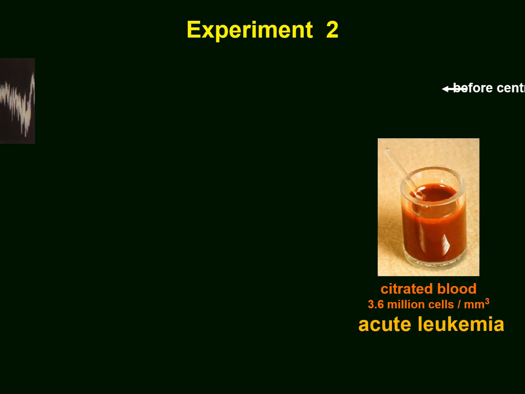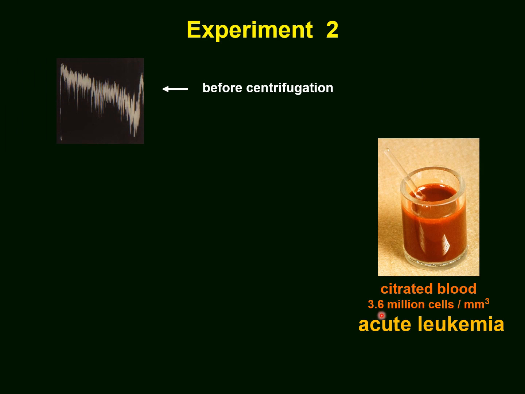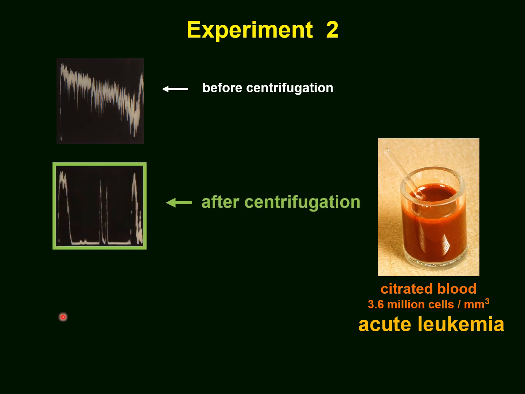In the second experiment, we used citrated blood, same cell count, from a patient with acute leukemia. Here, the echogram before centrifugation, and then here after centrifugation. These two little signals are artifacts from the wall of the glass container, but basically there are no signals from the plasma again, no signals from the red cell count, but we have here a third compartment, the white blood cells.